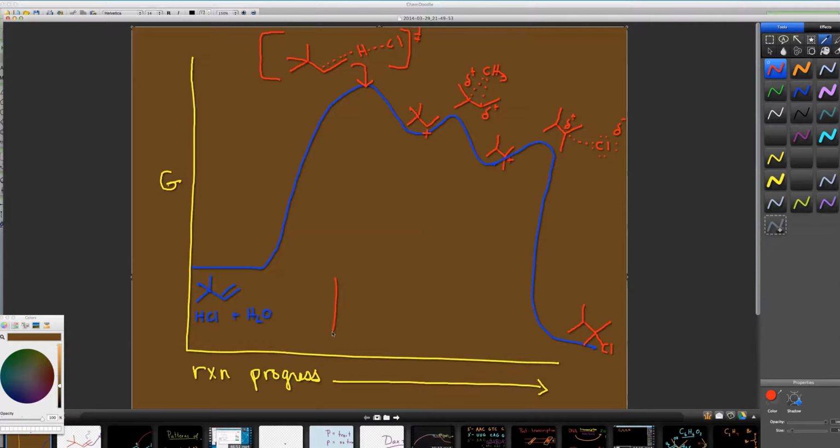The difference in these two energy states is our delta G of reaction. Notice this represents an exergonic reaction. Of course, we have different energy of activations. This, of course, is the slow step, generating the first carbocation intermediate.